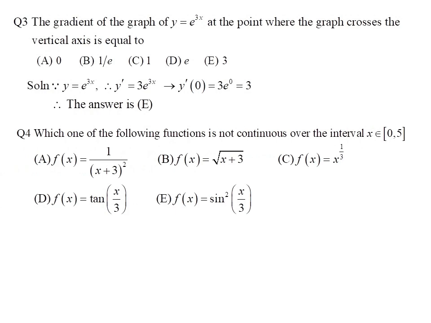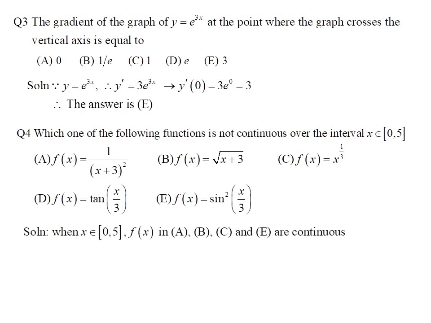Question 4 is to find which one of the 5 given functions is not continuous over the closed interval from 0 to 5. It is quite obvious that when x varies between 0 and 5, the functions f of x in A, B, C, and E are continuous.